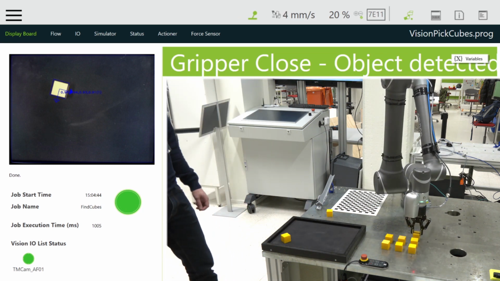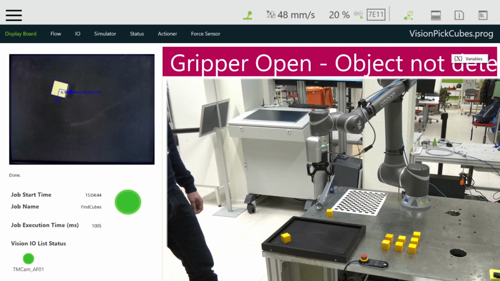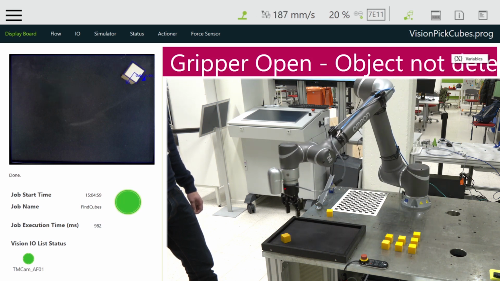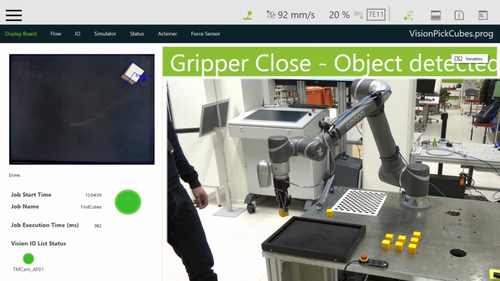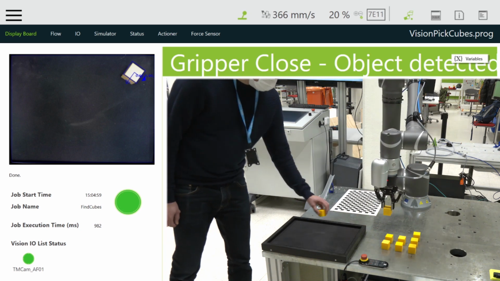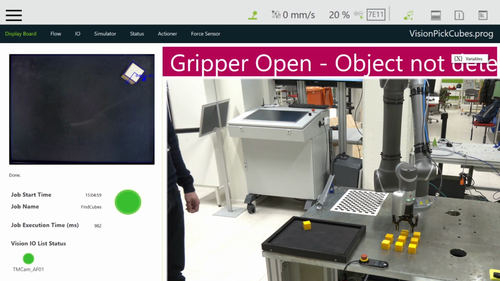Let's check how the pallet is ready. And then the last one.